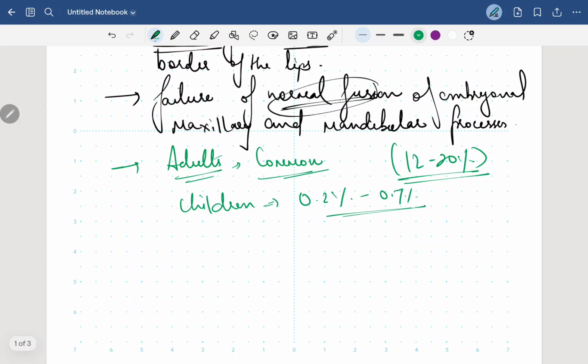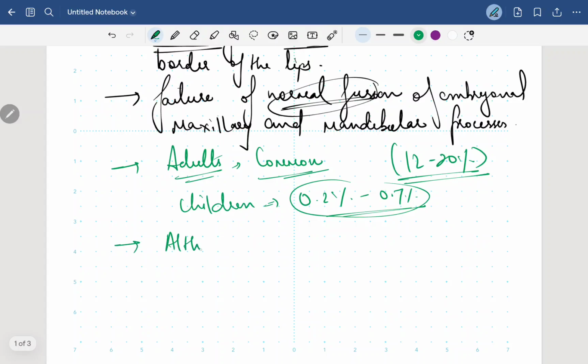Although lip pits are considered congenital lesions because they are defects of development, these numbers, very low in children and higher in adults, suggest the invagination develops later in life.